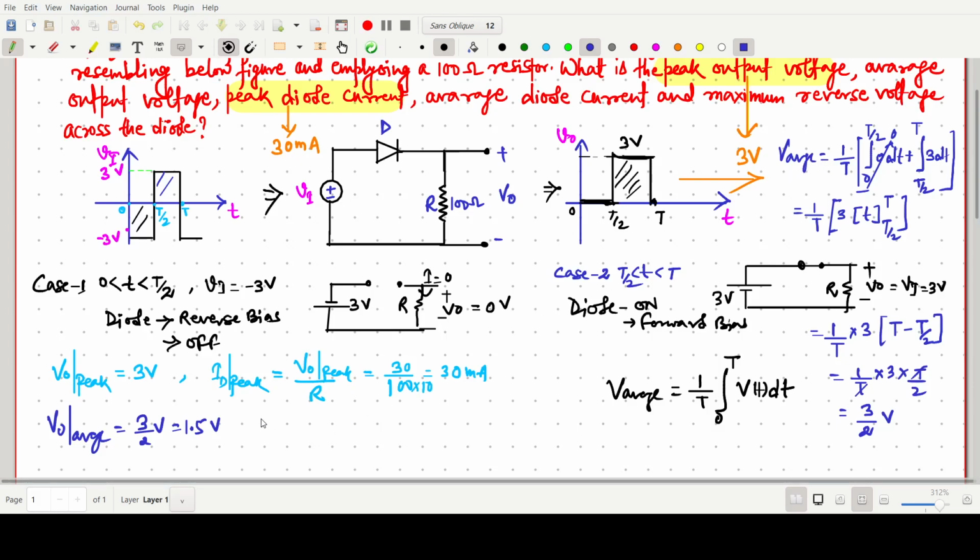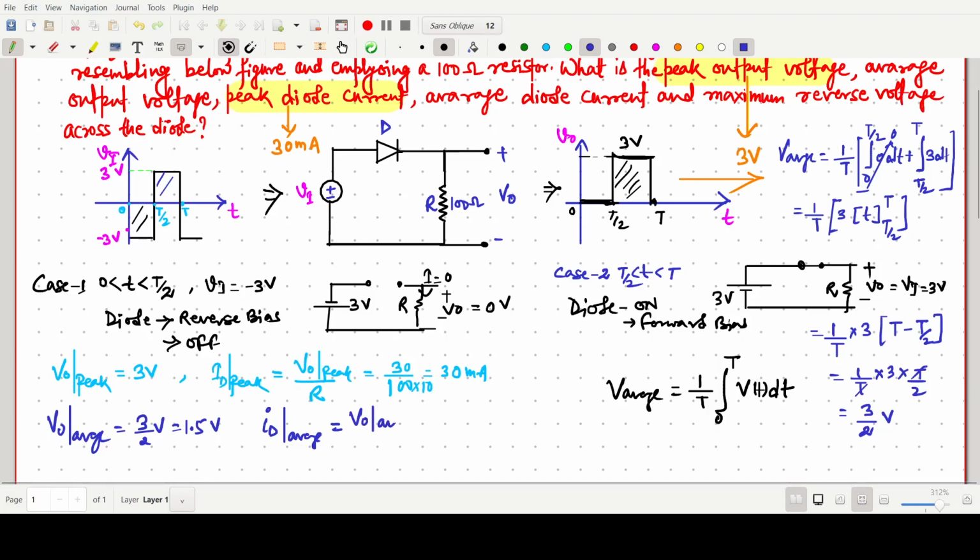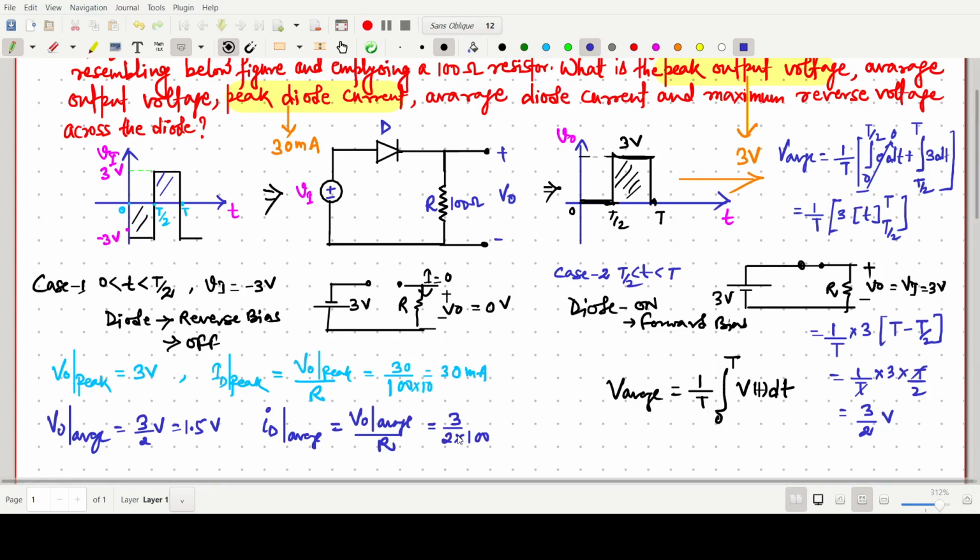Now we have to find the average diode current, that is our I D average. What we can write is V naught average value by R. V naught average value we have found as 3 by 2, so 3 by 2 into R, which is 100.